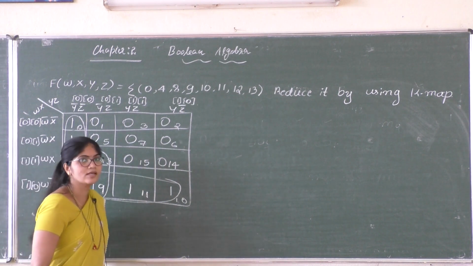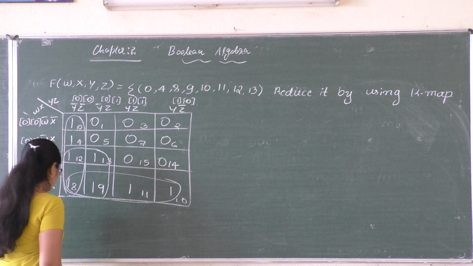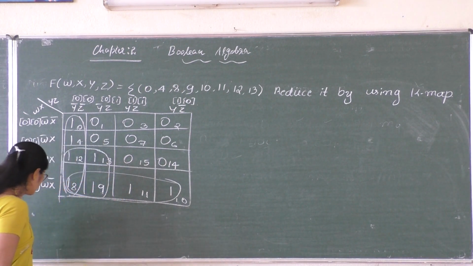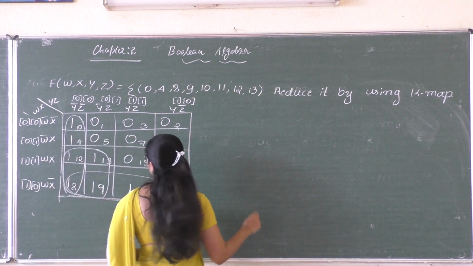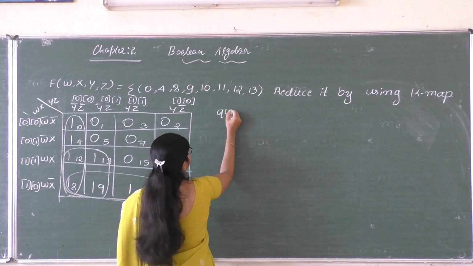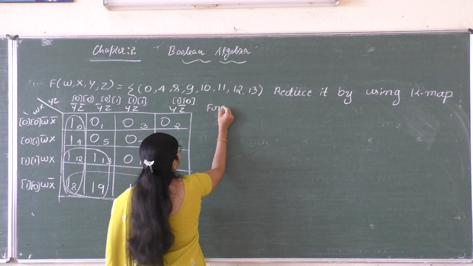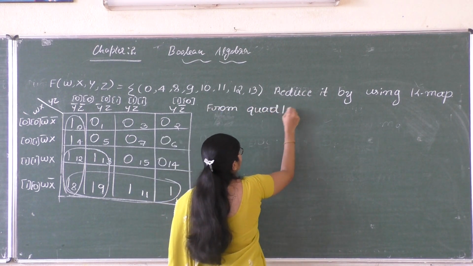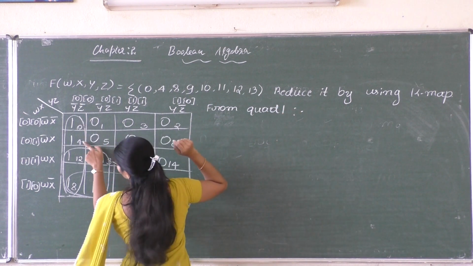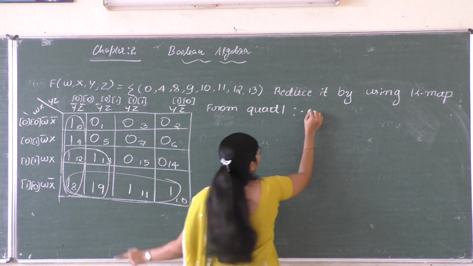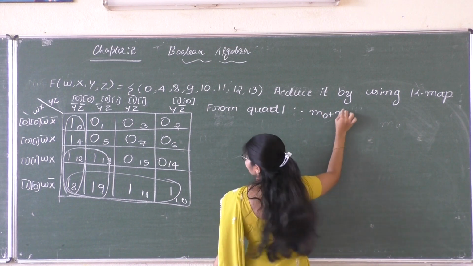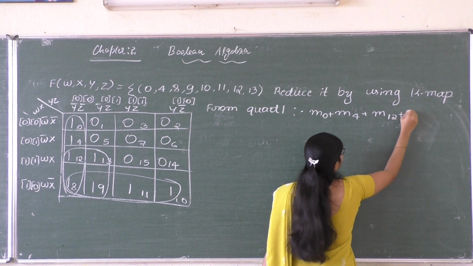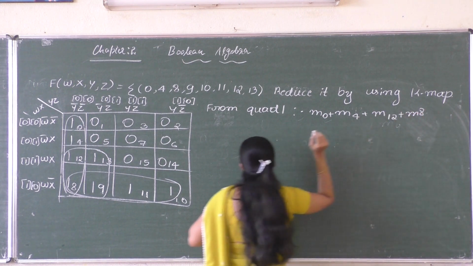Now these quads are called overlapped groups. Overlapped group means same ones can be encircled more than once. See, from quad 1, that is by using 0th, 4th, 12th, 8th, M0 plus M4 plus M12 plus M8.